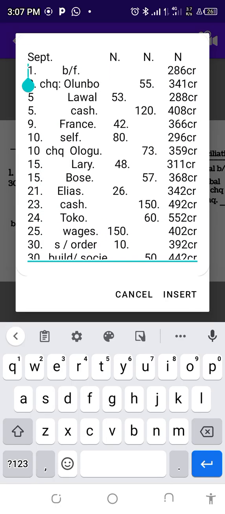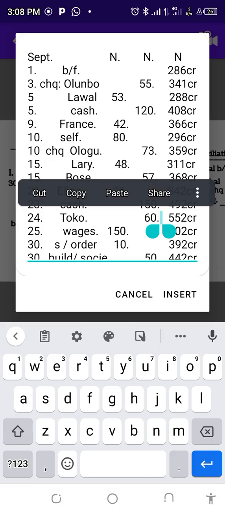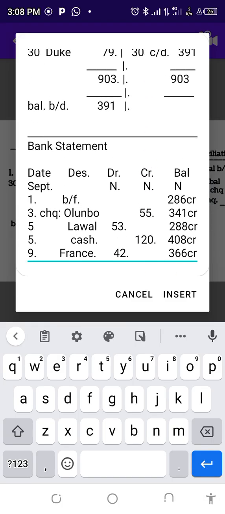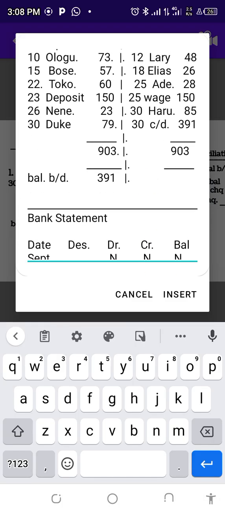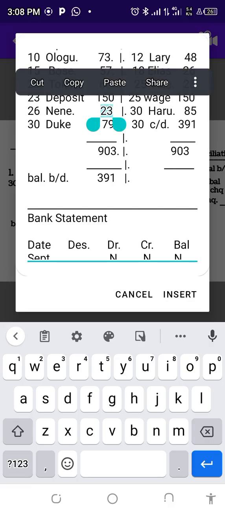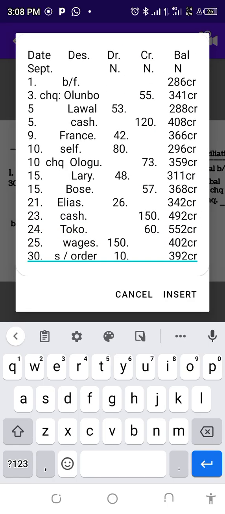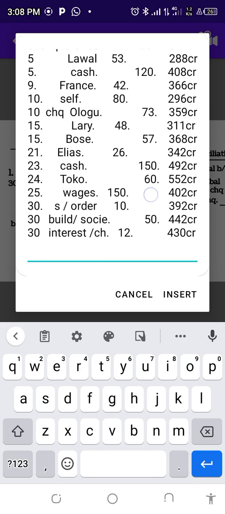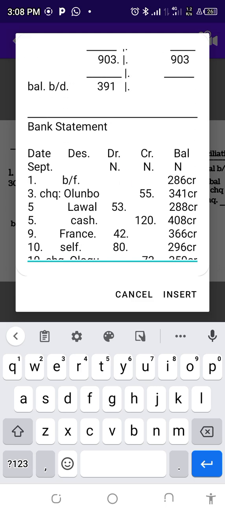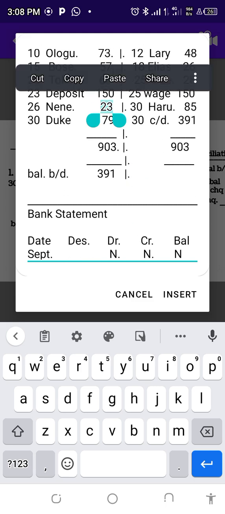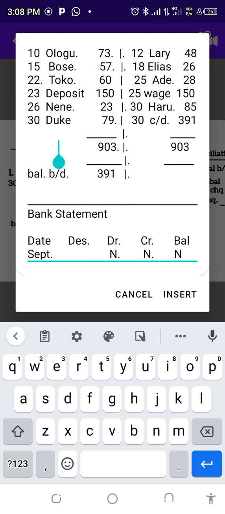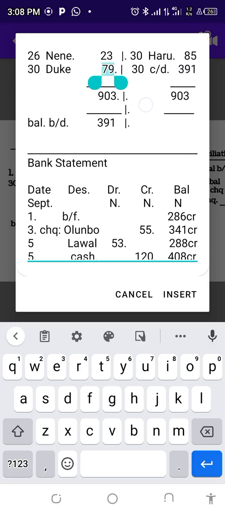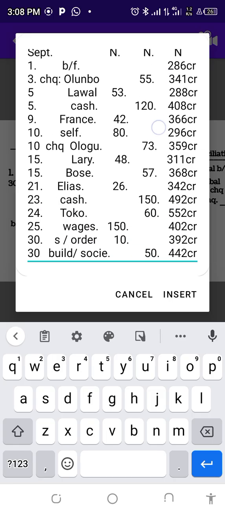Toko is here also. Then let's go. What next? Nene is here. Nene is not here. So the first unpresented cheque is what? Nene. The next one, Duke is here. Duke is not on the credit side.